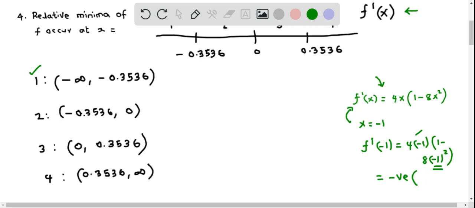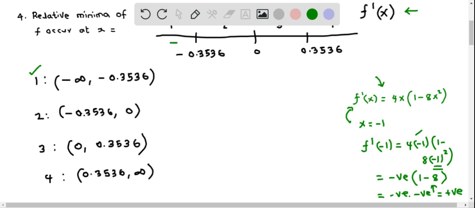Negative 1 squared is positive 1, and 8 times 1 is 8. We then have 1 minus 8, which is also negative. So we have a product of two negative quantities, negative times negative, which equals positive, which means in this interval the derivative is positive.